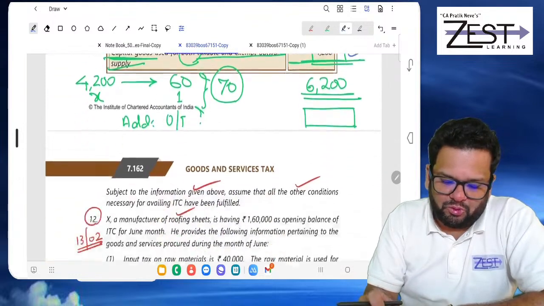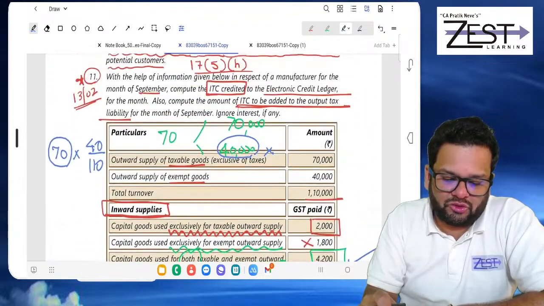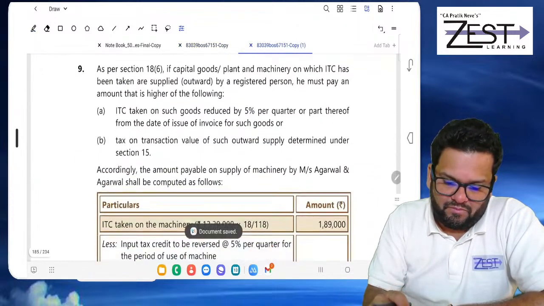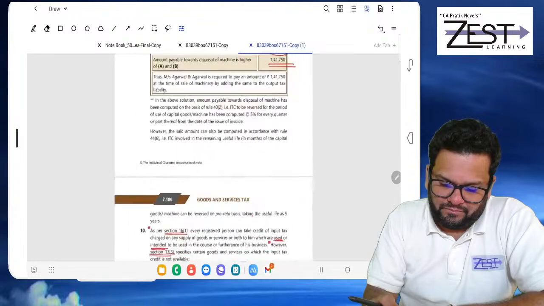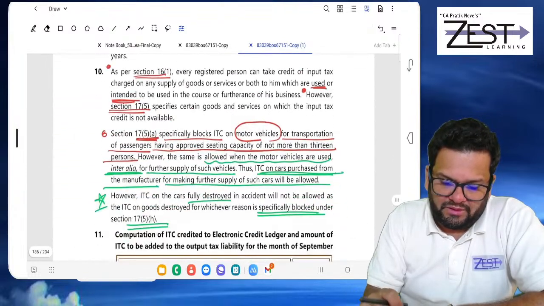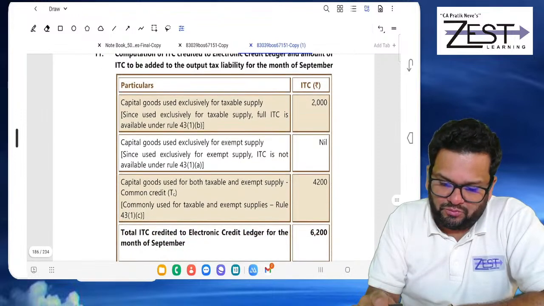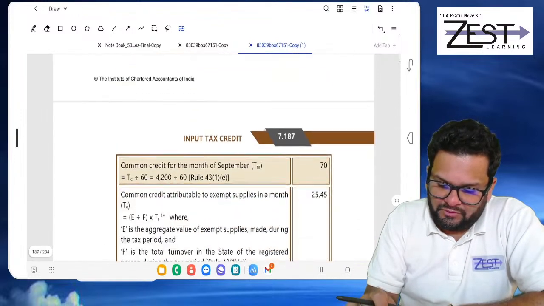Please let me know, both of you, whether you have understood it or not. Eagerly waiting for your reply in the chat window.